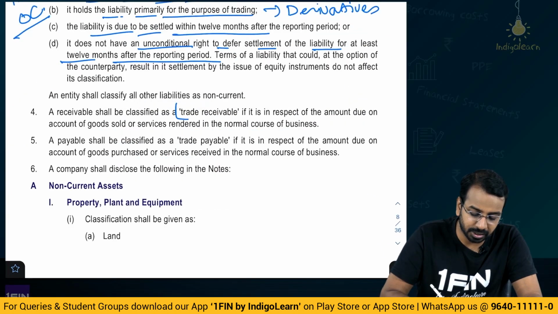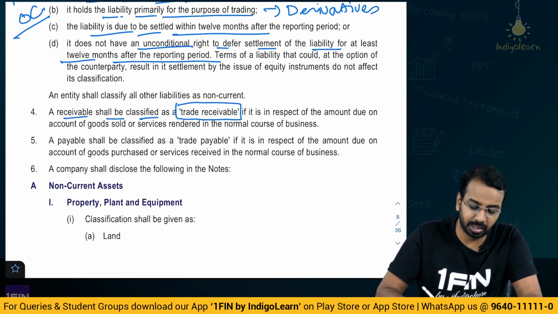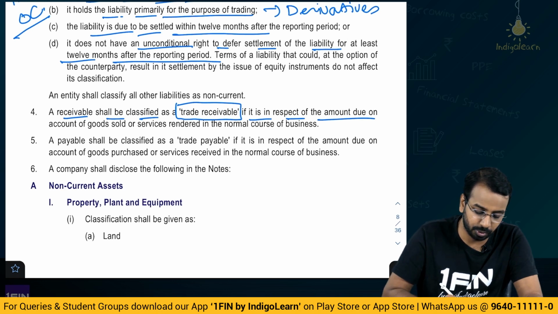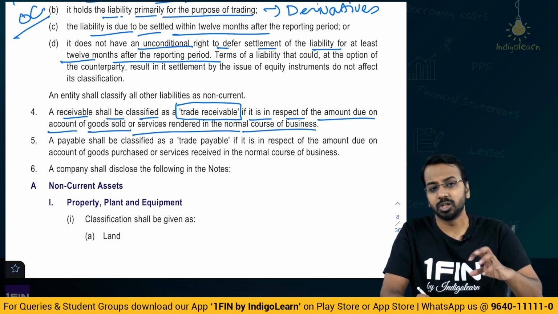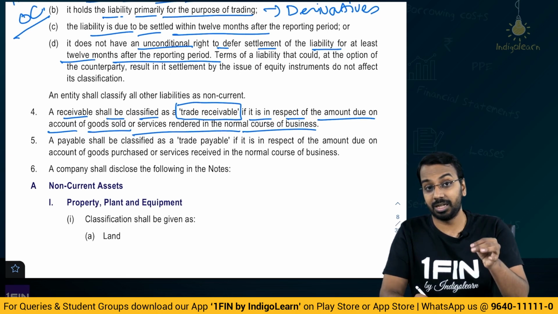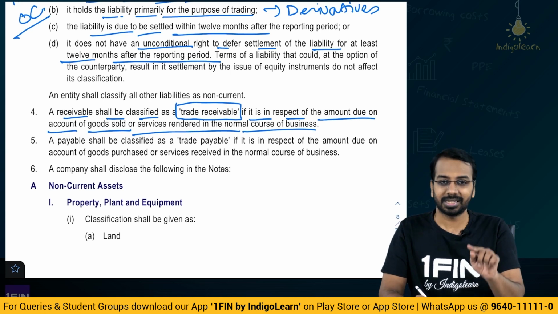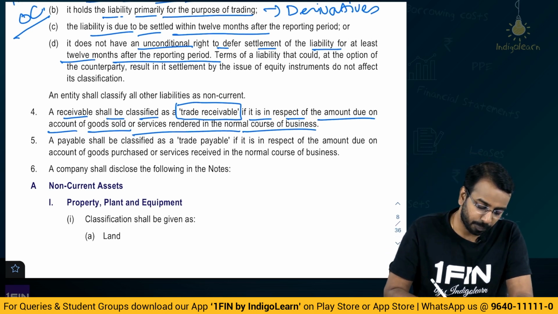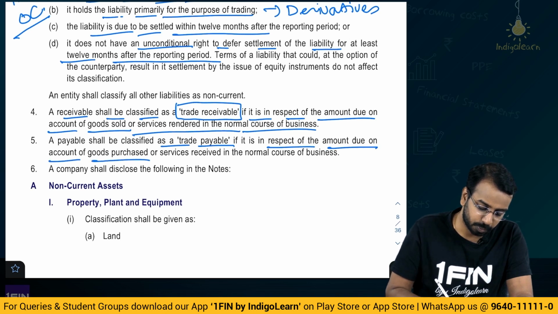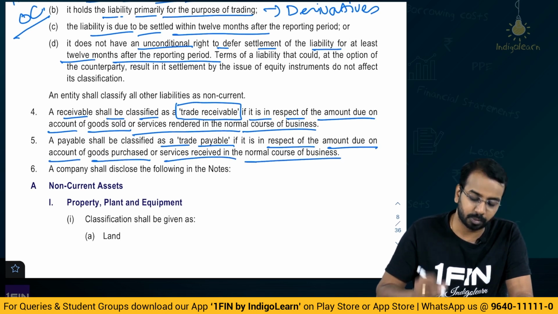Then we saw under financial assets something called trade receivable. A receivable shall be classified as a trade receivable if it is in respect of the amount due on account of goods sold or services rendered in the normal course of business. A payable shall be classified as a trade payable if it is in respect of the amount due on account of goods purchased or services received in the normal course of business.